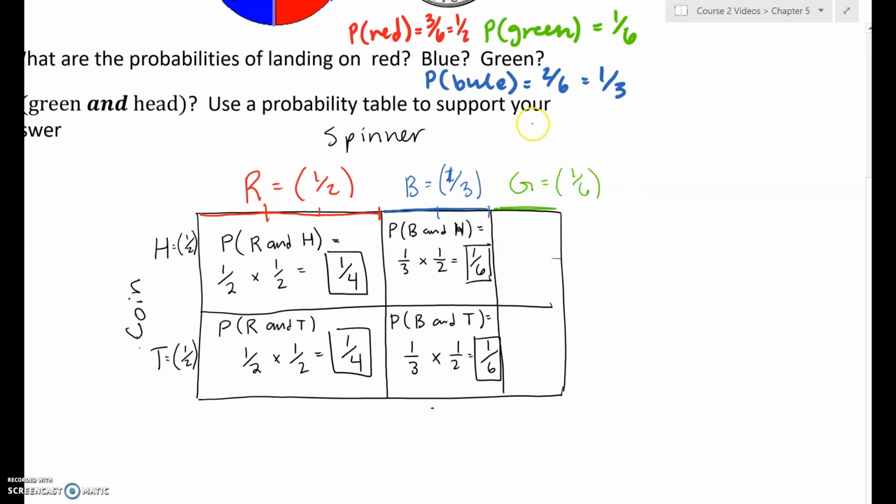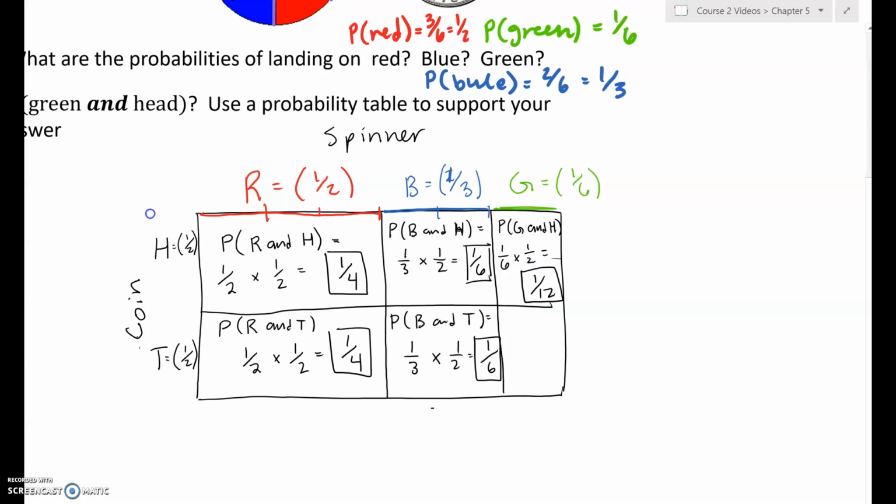So what's half of 1/6? Probability it's green and head, which is what we're looking for, right? This is our answer. Probability it's green and head is 1/6 times 1/2, which is 1/12.